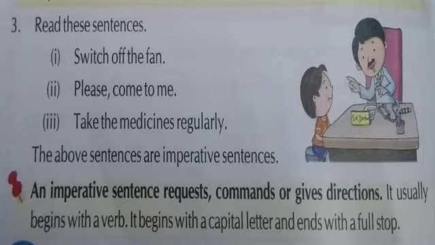You can see in the first sentence we have started with switch, and the last sentence we have started with take. So these are verbs, switch and take. It begins with a capital letter and ends with a full stop. So, imperative sentences are used for making requests, commands, or giving directions. So, you must remember this.